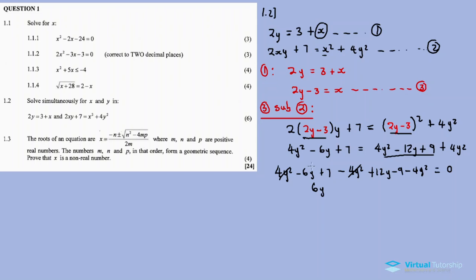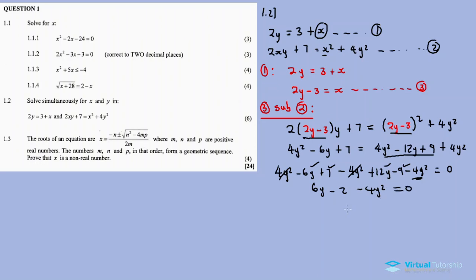This and this give us this one, and this and this give us negative 2, and then what remains is negative 4y squared equal to 0.